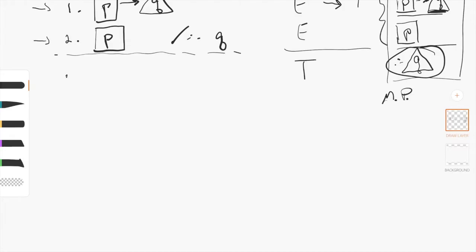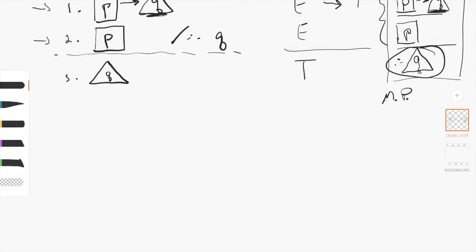And so what would you expect as the conclusion of that application of modus ponens? You'd expect the consequent of the implication that is in the first premise of modus ponens. And sure enough, that's what we can say here. But what is that consequent? In this case, the consequent is everything that's in the triangle here gets repeated here. So we write Q.